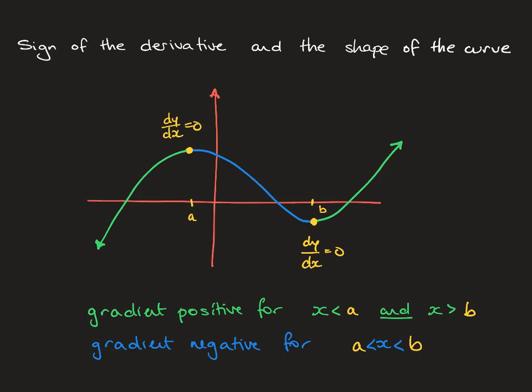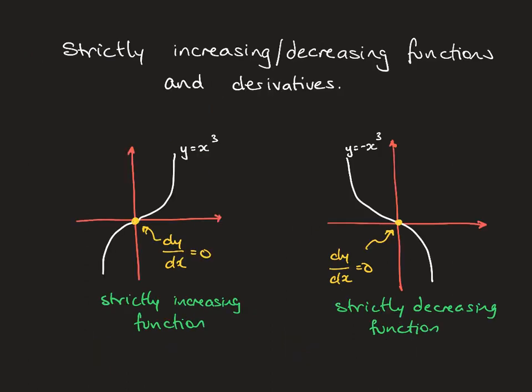Now I've used the word increasing and decreasing there to describe the shape of the function, but please don't be sucked into thinking that you can use the derivative of the function to determine whether a function is increasing or decreasing. Let's have a look at the graph of x cubed. So here's the graph of x cubed, and this is the graph of a strictly increasing function, even though it has a derivative equal to 0.